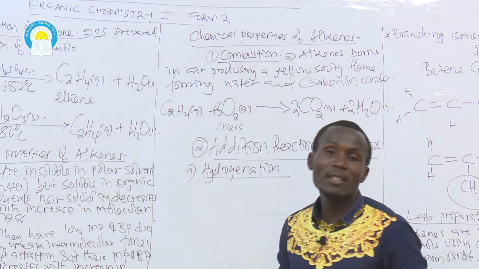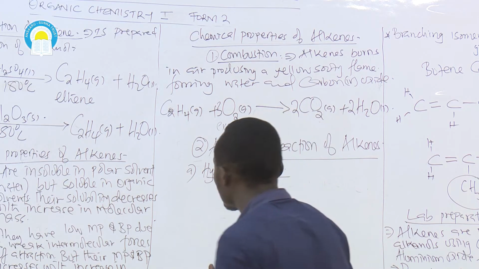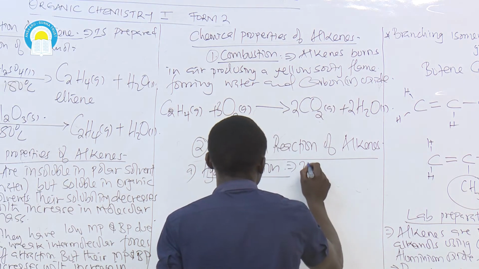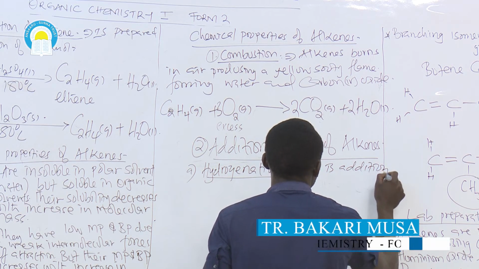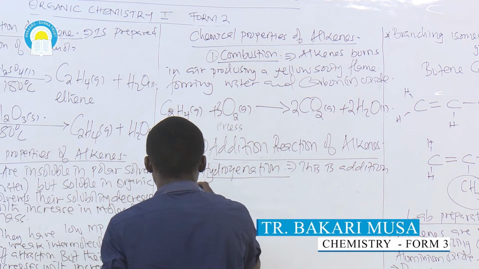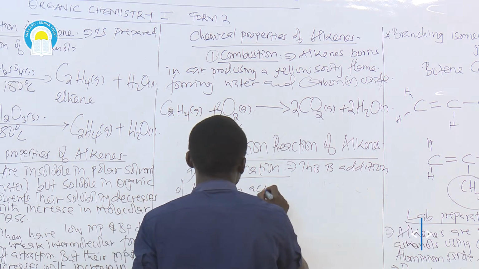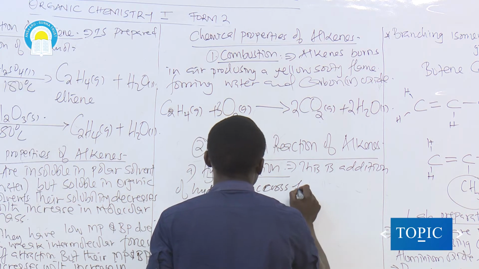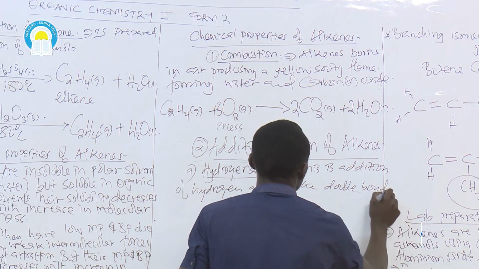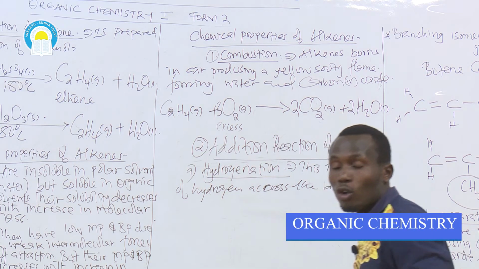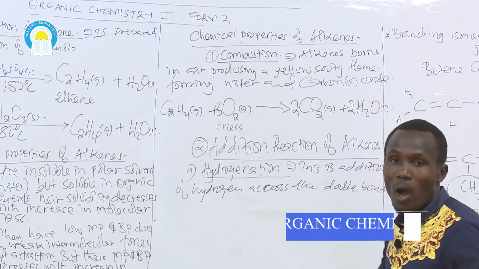Therefore, this is addition of hydrogen molecule across the double bond. So we are adding hydrogen across the double bond. We are going to convert alkenes to alkanes.